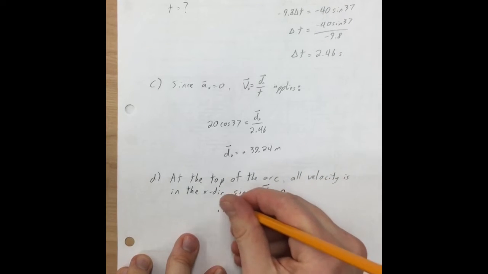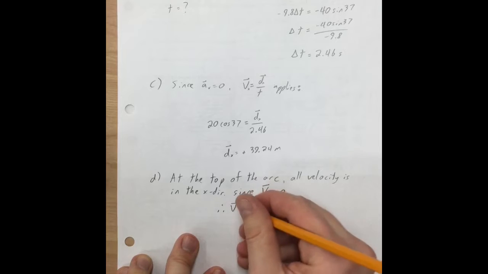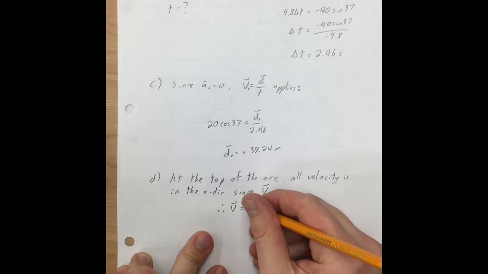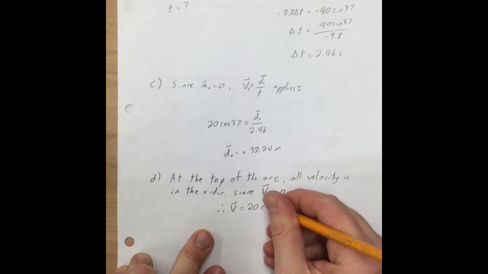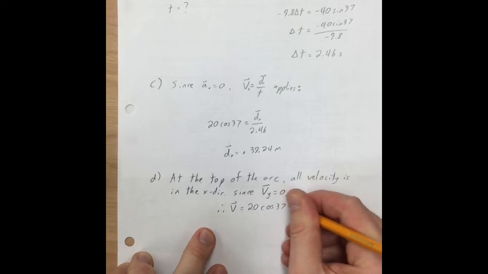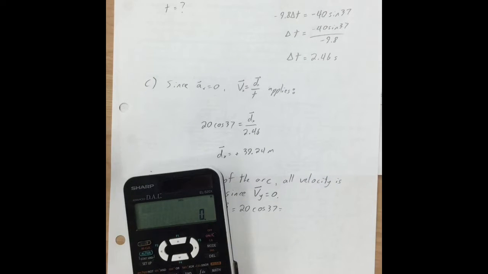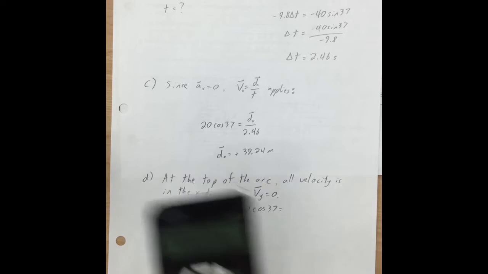Therefore, velocity at that point will be equal to our Vx, which is 20 cos 37. And if we were going to get the numerical value for that, we would get 15.97 meters per second towards the right, or in the positive direction as drawn.